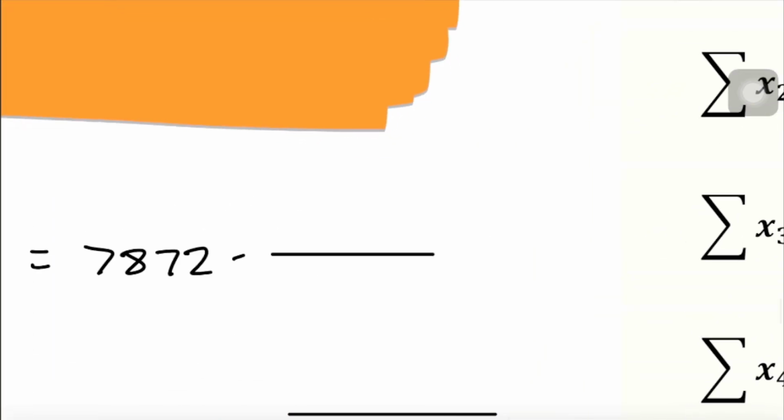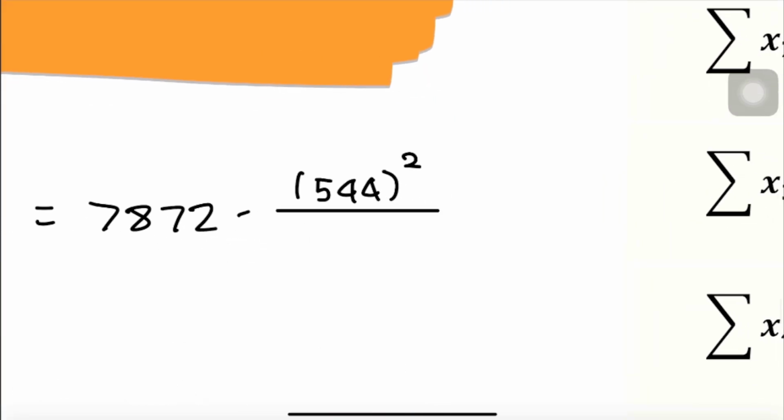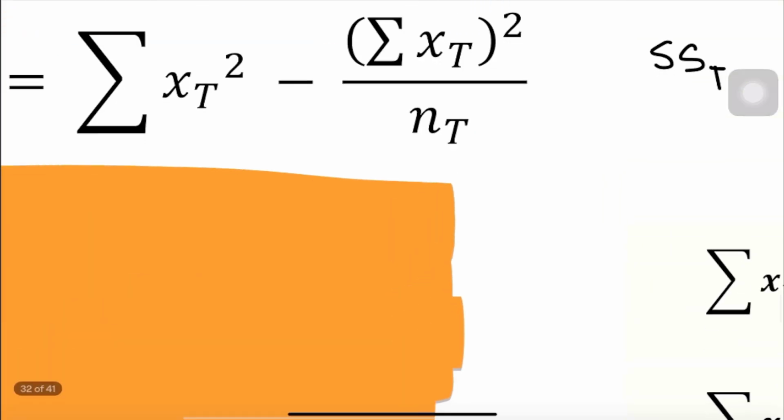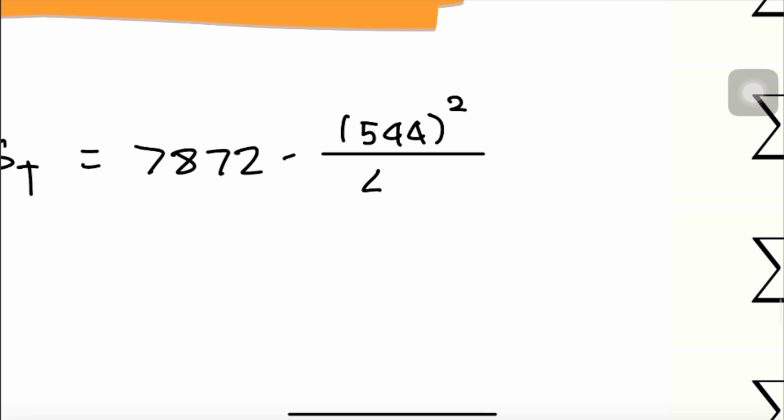Sinabi dito is i-square din natin siya, so lagyan natin ng square, over n total. So we're just going to write down 40 here sa baba.